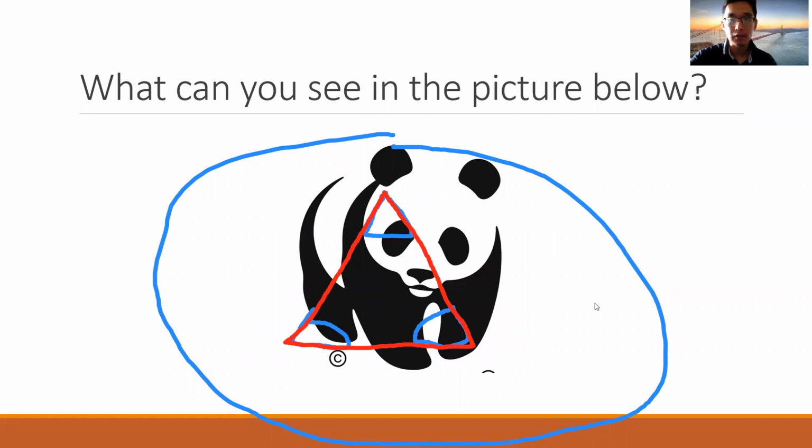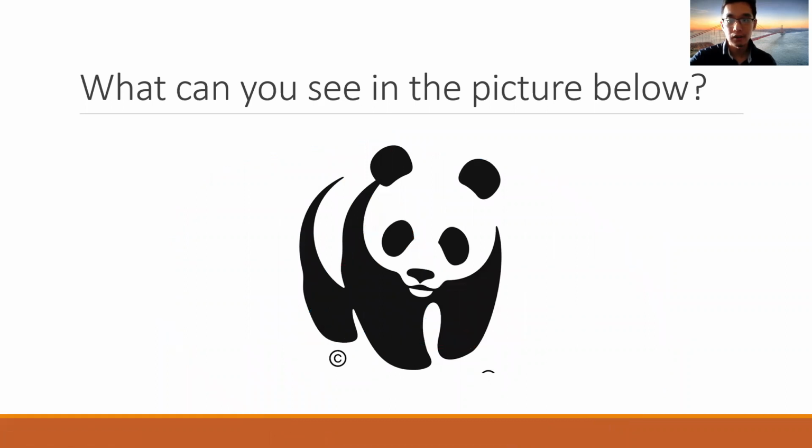What can you see in this picture? I think it's very easy to tell. It's an animal. It's a panda, right? Can you see a panda? I can see a panda. The panda's two eyes are surrounded by black hair, so it's usually like that.